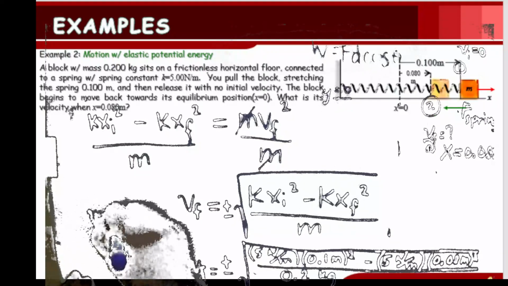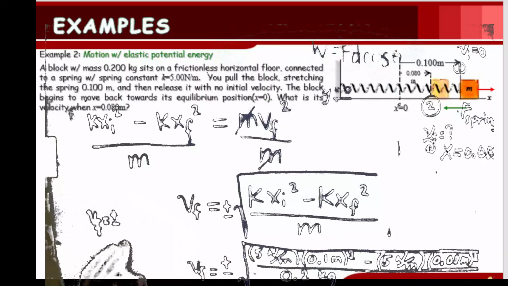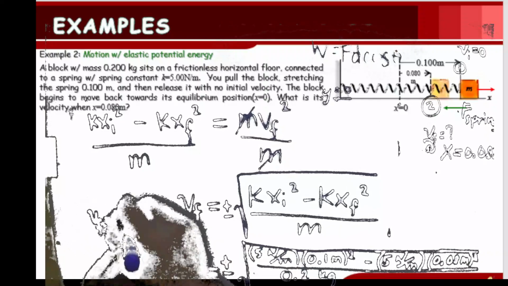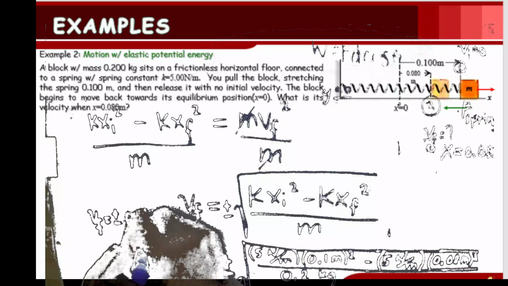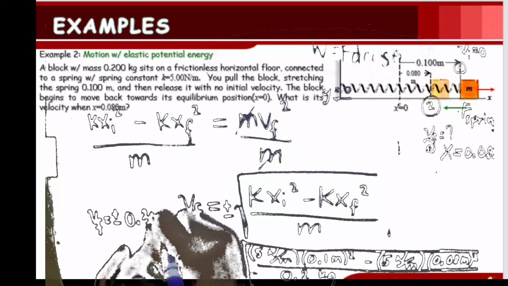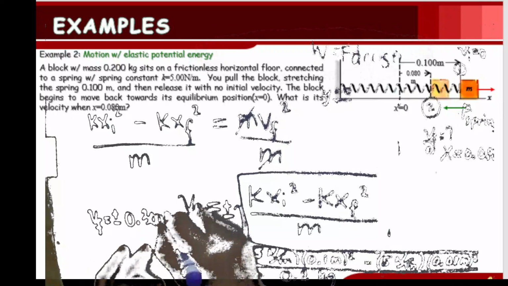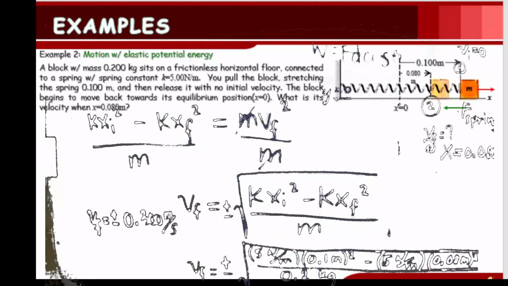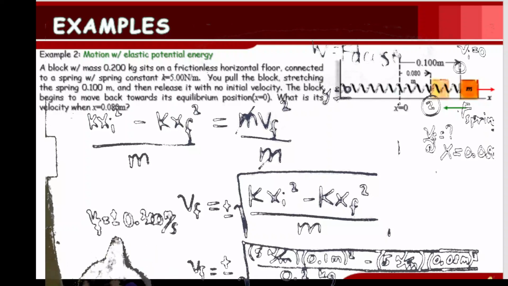What will be our velocity here? 0.3. So that's plus minus 0.3 meters per second, three significant figures. So we have two possible values: positive 0.3 or negative 0.3.